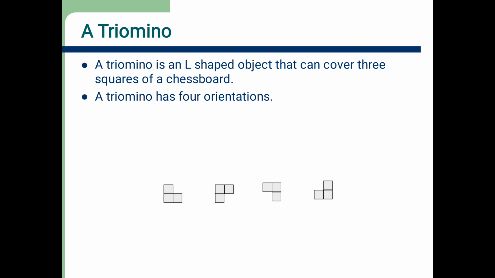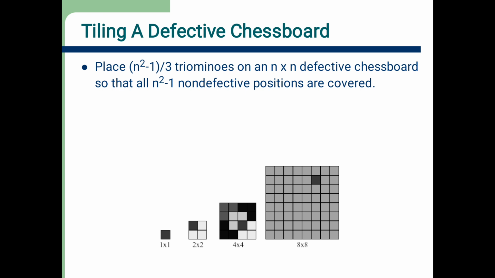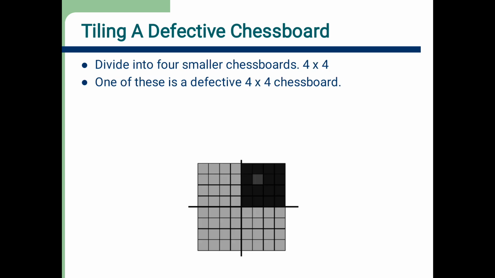We have a chessboard of size n by n. If you take 4 by 4, place (n² − 1)/3 trominoes in the n by n defective chessboard, and all n² − 1 non-defective positions are covered here. Divide it into 4 smaller chessboards of size 4 by 4, where one is a defective 4 by 4 chessboard.